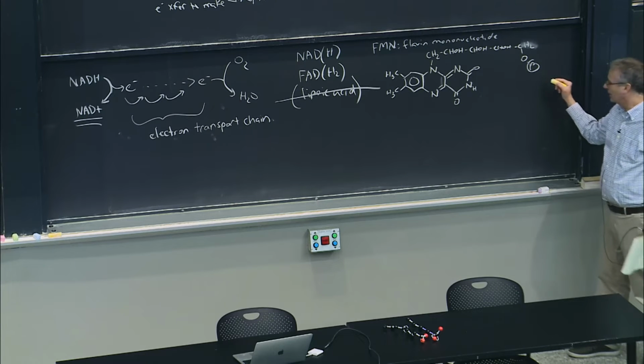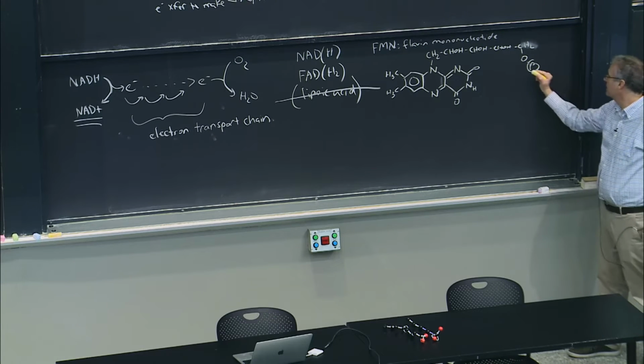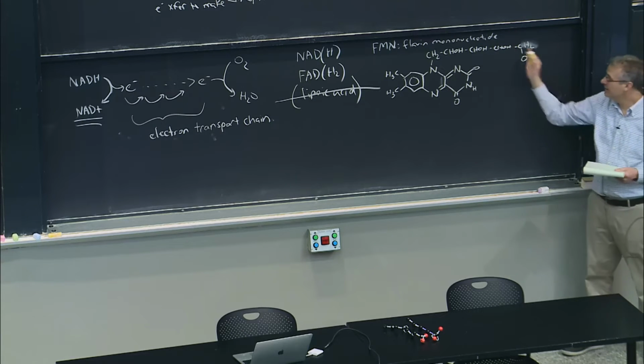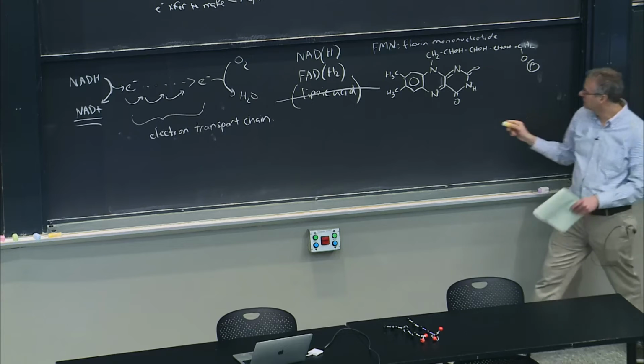If I put another phosphate and an adenine nucleotide here, an AMP group attached here, that would be FAD. This would be FMN, mononucleotide instead of a dinucleotide.